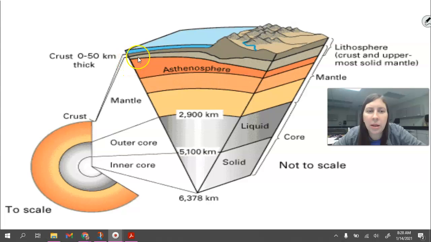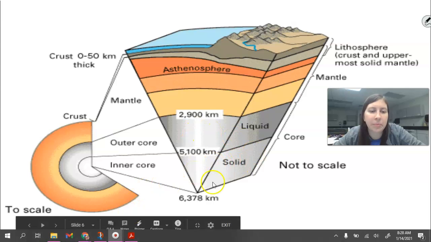You can see that it ranges in thickness. The lithosphere, asthenosphere, and the rest of the mantle are all considered one layer. But when we talk about plates moving and land moving, that's because of the lithosphere and the asthenosphere. Then we have the outer core and the inner core.